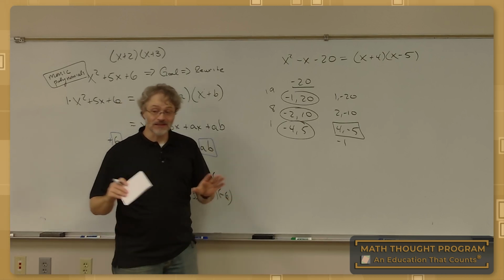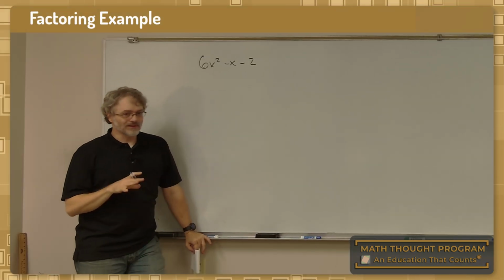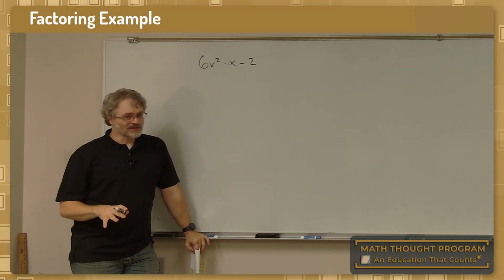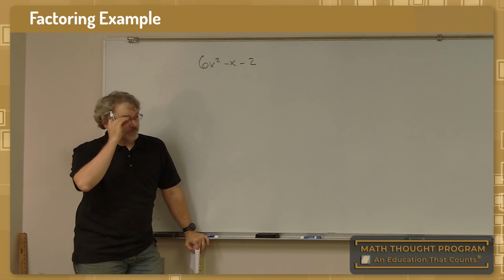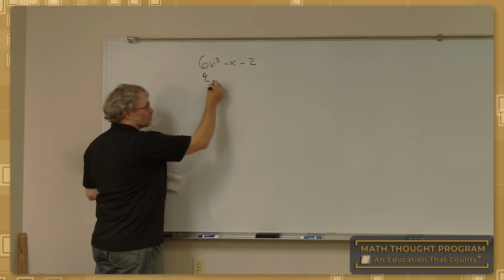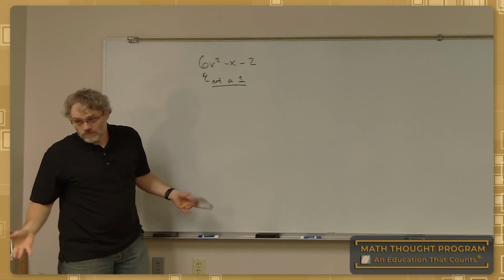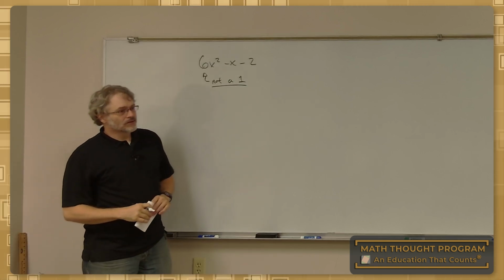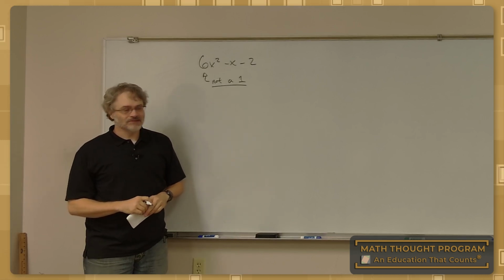What if I had something that's a little bit more complicated? This polynomial is not a monic polynomial. So I've got a little bit of a problem here. If I just had a 1 in front, pretty easy. So how do I work these kinds of situations?